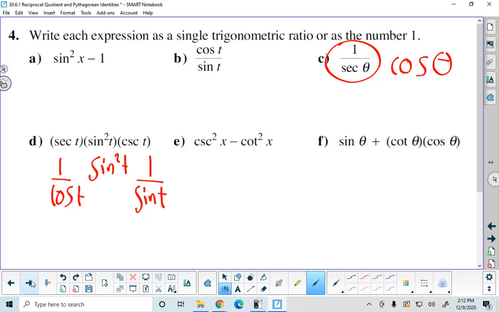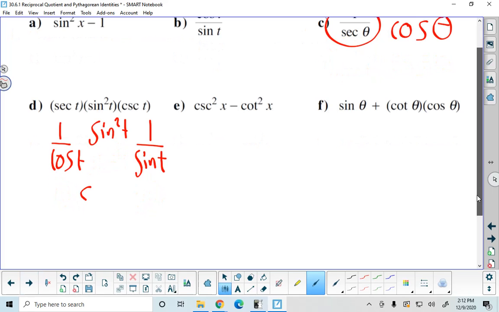So what we end up with in this question is, on the top, sine squared of t, which is sine t times sine t. On the bottom, cos t sine t. The answer is tangent t. This is what you have to practice. And that pink sheet is your map to success. You have to follow those strategies.